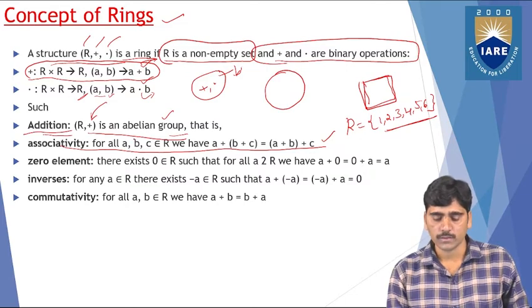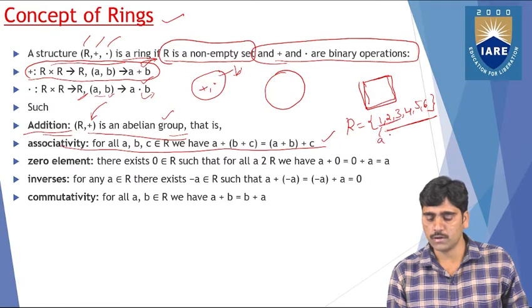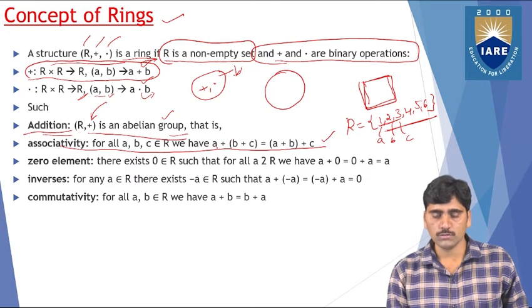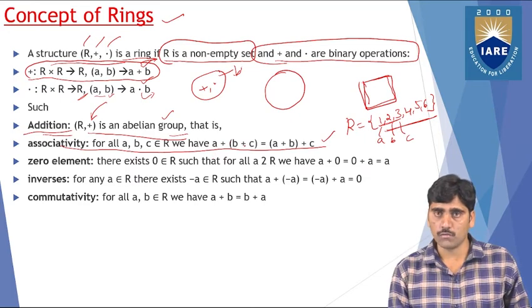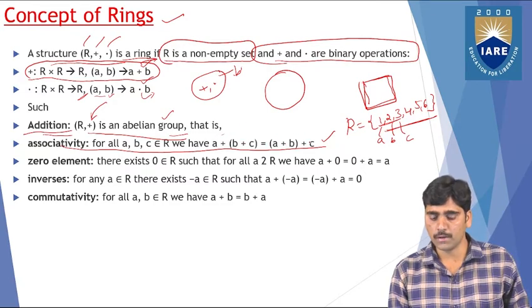Here you can take any A, B, C values. The associativity property is: A plus of B plus C equals A plus B of plus C. This is nothing but the associativity property.